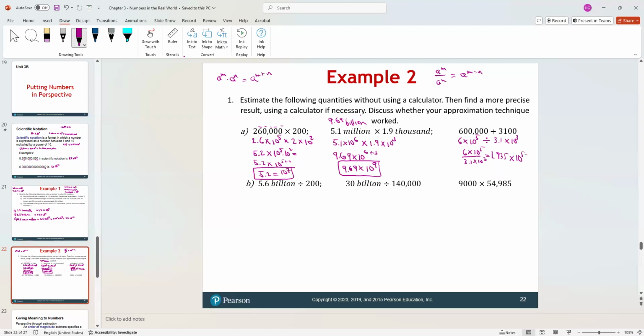Remember, you do 5 minus 3. 1.935 times 10 power 2, because 5 minus 3 is 2.